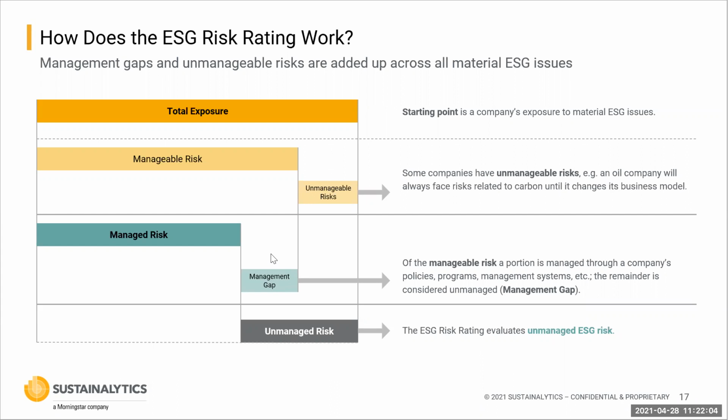The sum of the management gap plus the unmanageable risk gives us the unmanaged risk score, which effectively is the ESG risk rating score. As I mentioned before, it is an absolute measure of unmanaged ESG risk, and because it's absolute, it's comparable across companies and across sub-industries.